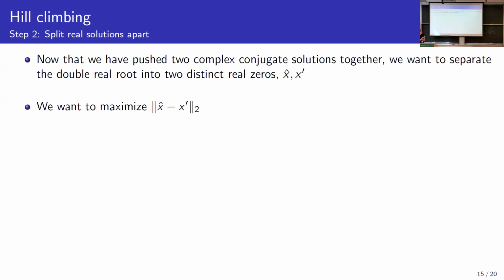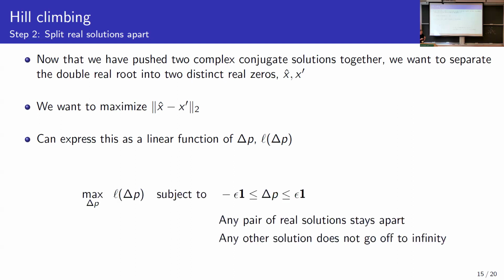And so in this case, what I want to do now is maximize the distance between my two now real solutions. Again, I can use the same linear relationship above and express the change in the distance of these two solutions as a linear function in the change of parameters. So I get a very similar optimization problem to the one we just considered, except now my objective function has changed.